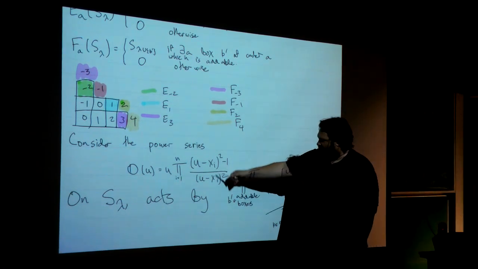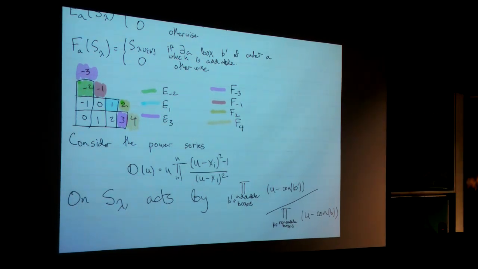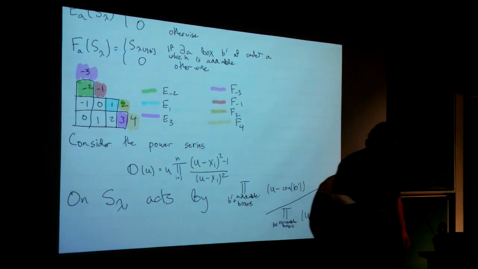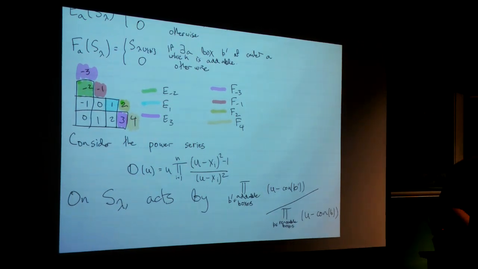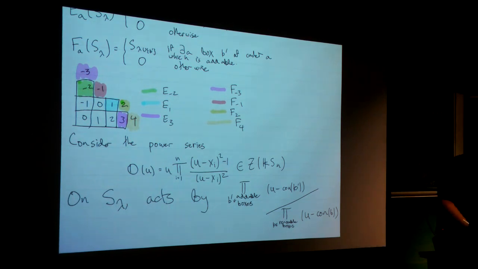I'm taking the Jucys-Murphy elements and writing a formal power series whose entries are symmetric polynomials of the Jucys-Murphy elements, which, as we now know, are central in the group algebra. So this is in the center of K of Sn. And I write this rational function. I'm doing the expansion at u equals infinity.